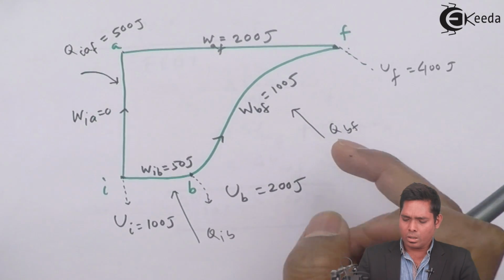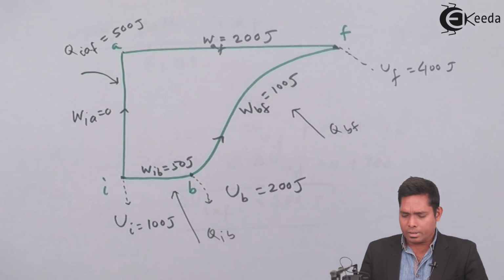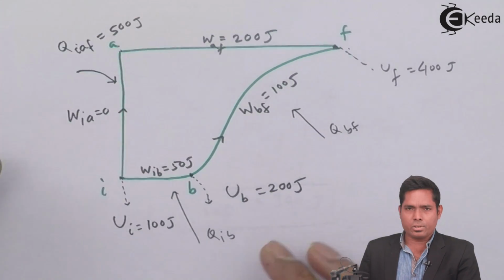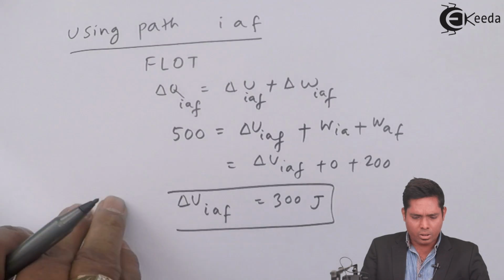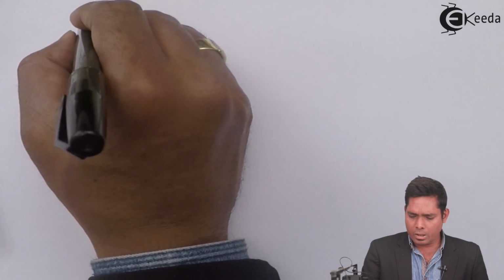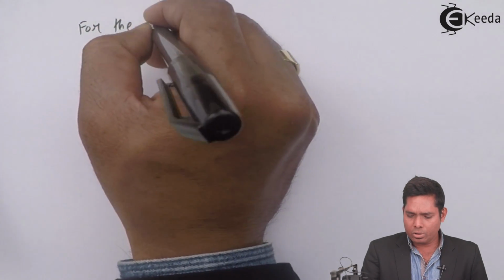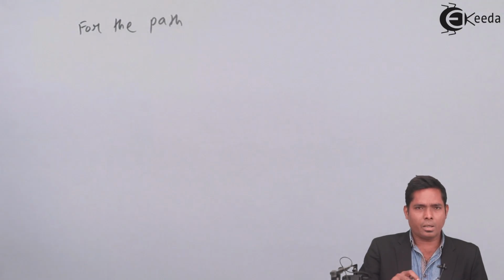So I will use the same formula, the first law of thermodynamics, for the second case, the path IBF.